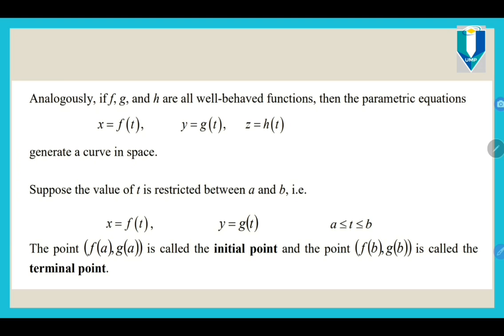So in 2D, x equals f(t), y equals g(t) in the interval t from a to b. So the point f(a), g(a) is called the initial point, and the point f(b), g(b) is called the terminal point.